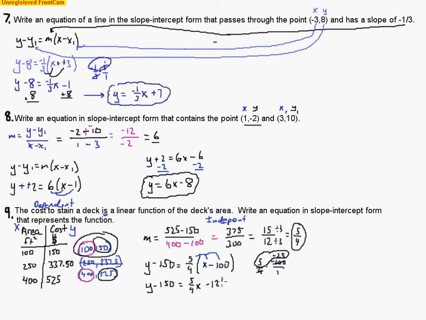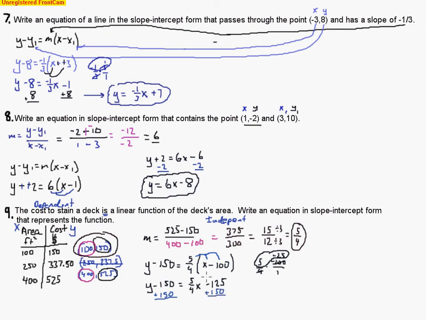Think of quarters again as you're multiplying by 25. 5/4 equals $1.25. There it is, 125. Well, from that point, all I need to do is move that 150 back to the other side. So I'm going to add 150 to both sides.